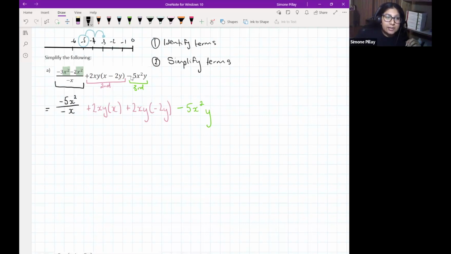Now, in this next step, I'm going to finalize the simplification of all of my terms. So if we're looking here at this term that I have written in black, what is going to be my next step to simplify that term? What can I do there? Can you guys tell me, how would I simplify negative 5x squared over negative x?